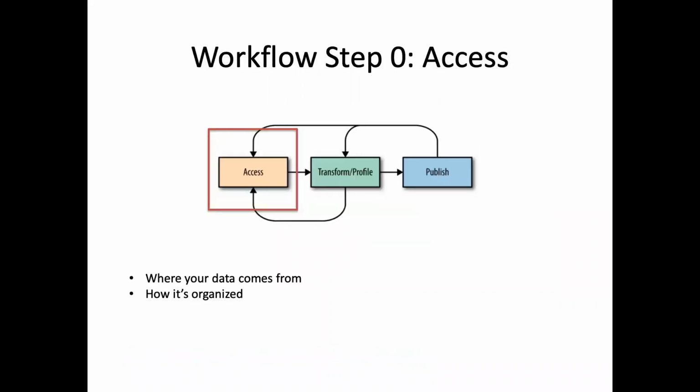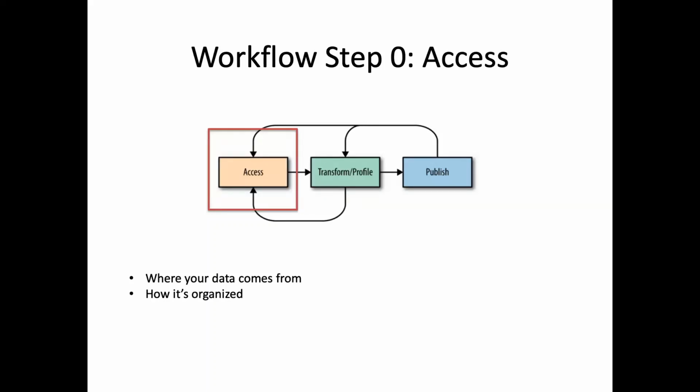Breaking down this workflow step by step, we see step 1, or step 0, is accessing data. This is all about where your data comes from and how it's organized.